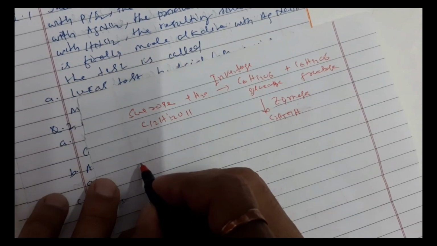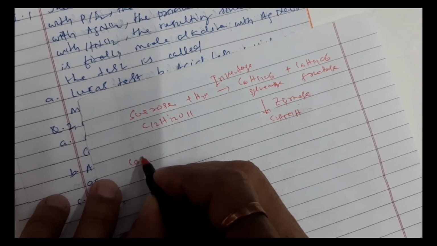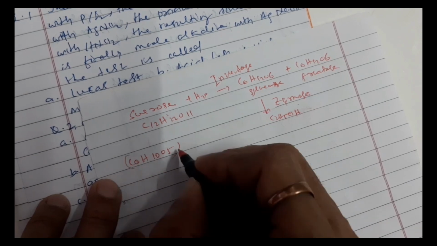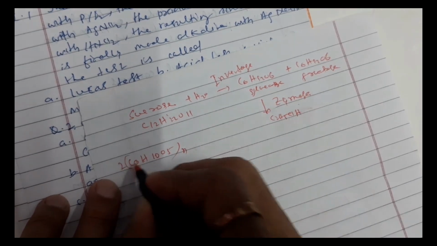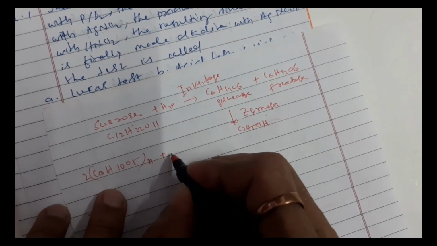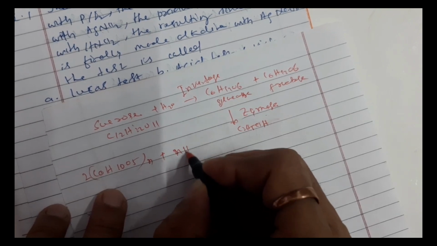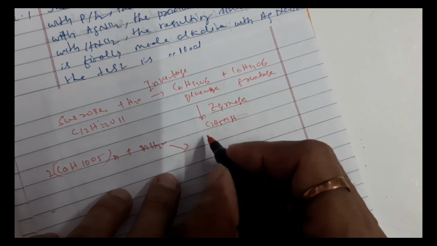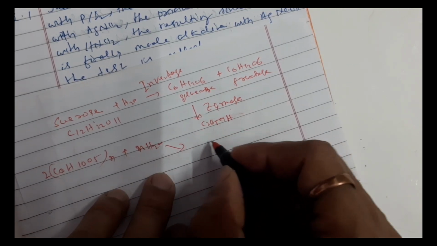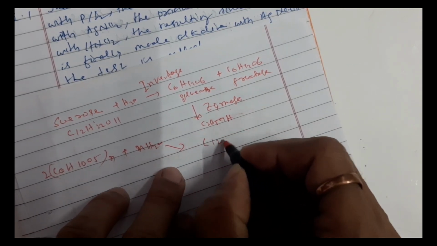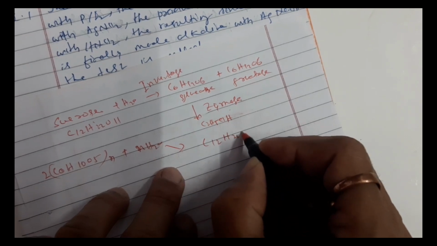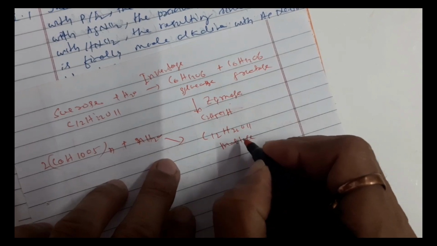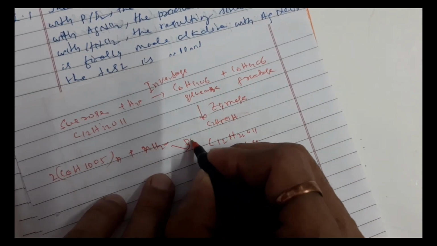Similarly, from starch (C6H10O5)n, with hydrolysis, you will get C12H22O11, that is maltose. Here the enzyme used is diastase.